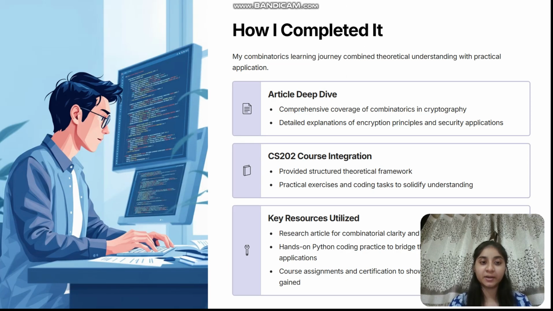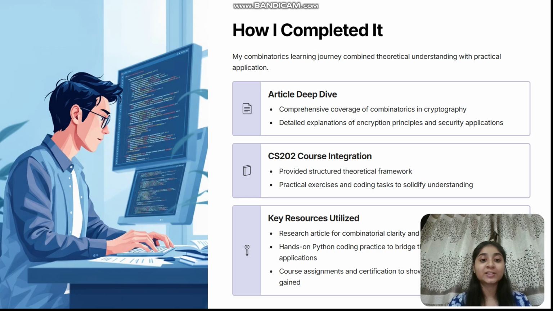How I completed it. The activity I chose was to explore how combinatorics plays a crucial role in building secure cryptographic systems. The article, Combinatorics in Cryptography and Cybersecurity, offered an insightful introduction to the subject and gave me a strong conceptual understanding of how combinatorics is used to generate secure encryption keys, hash functions, and password systems.